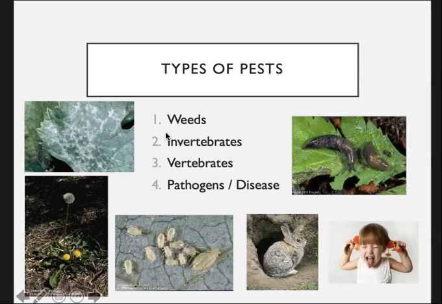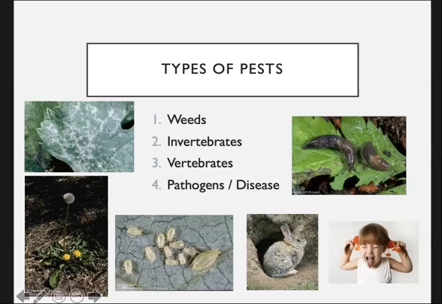Just some examples here: weeds, so other plants that you're growing can be considered pests. Invertebrates, which is a very diverse group, including arthropods like insects, mites, mollusks like snails, even slugs, and nematodes underground are all part of the invertebrate group.